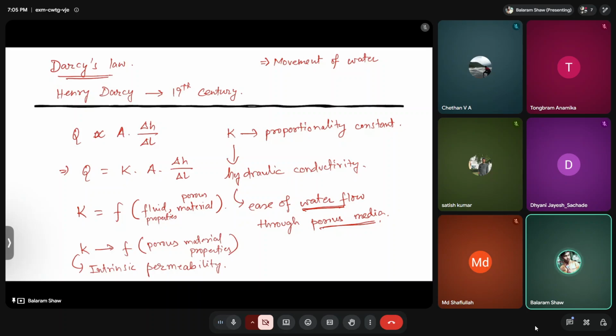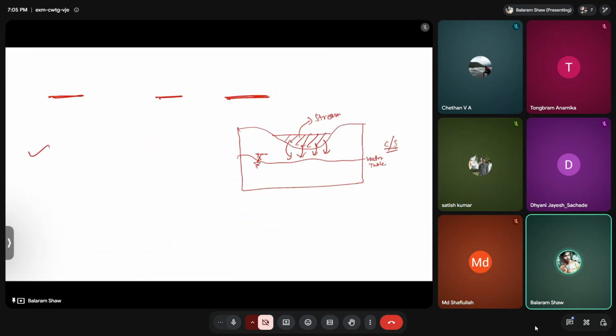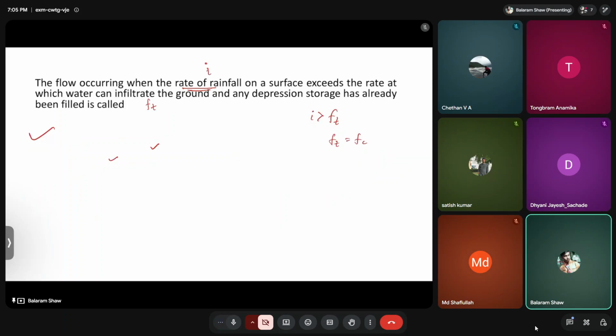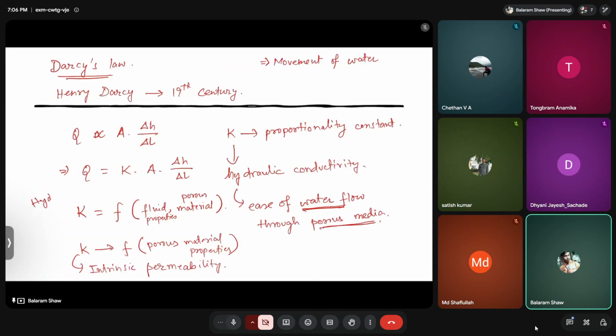So just note that this one is hydraulic conductivity.